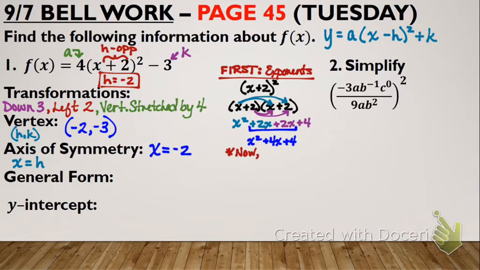Now, we're going to distribute our a value. Originally, this was y equals 4, and then we had our binomial that was squared, but we've just figured out what that is. I got x squared plus 4x plus 4. And then we have that minus 3 on the end.